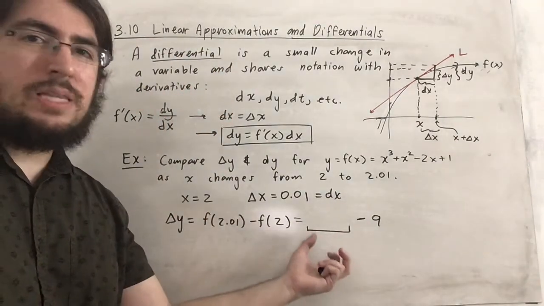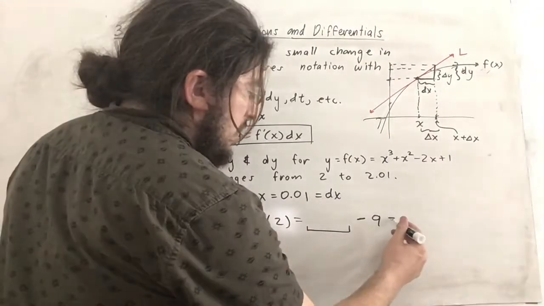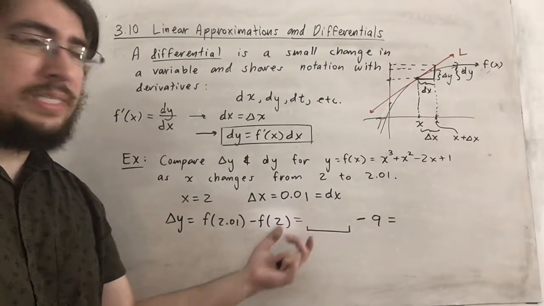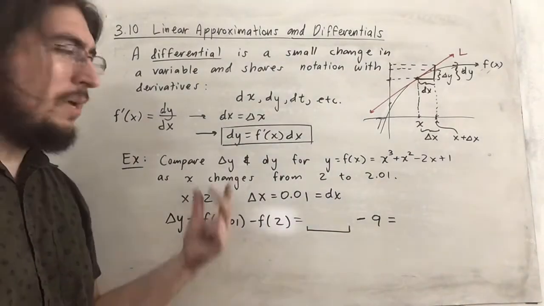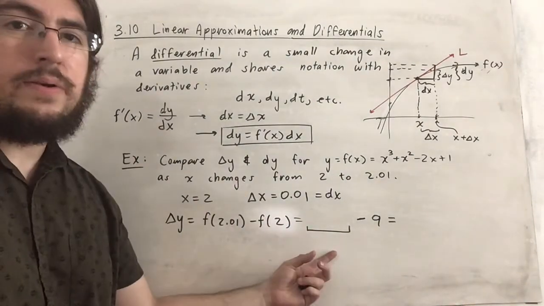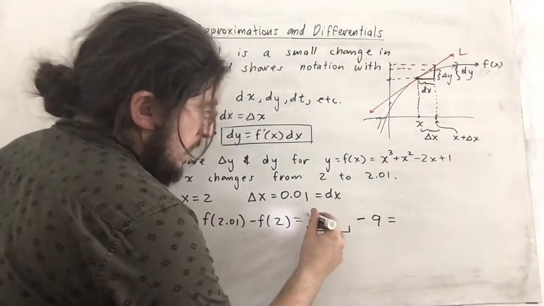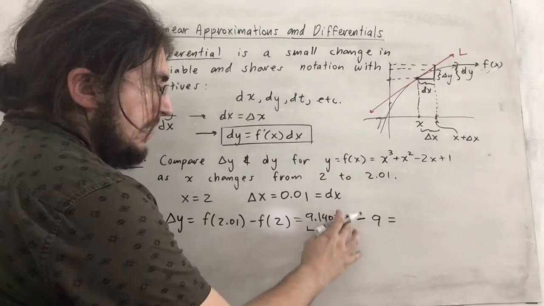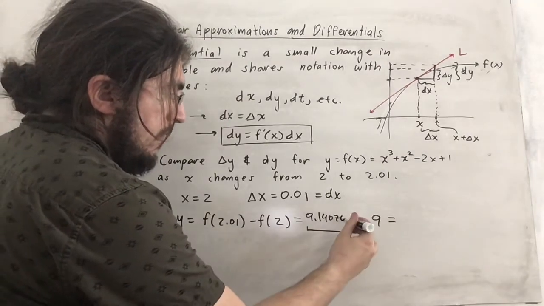Now let's actually see what f of 2.01 is. The result, by the way, should be pretty small. I'm going to use the calculator right now to figure out what this is. You could try to do it by hand, but it's not really worth it. So let's take a look at what the calculator gives us. All right, my calculator gave me 9.14071, sorry, 9.140701.